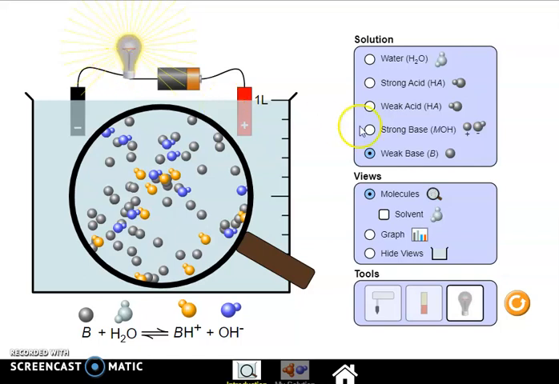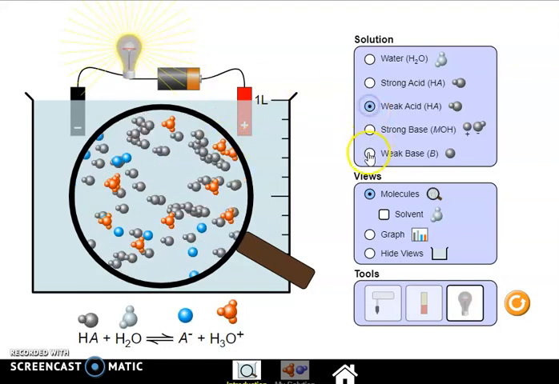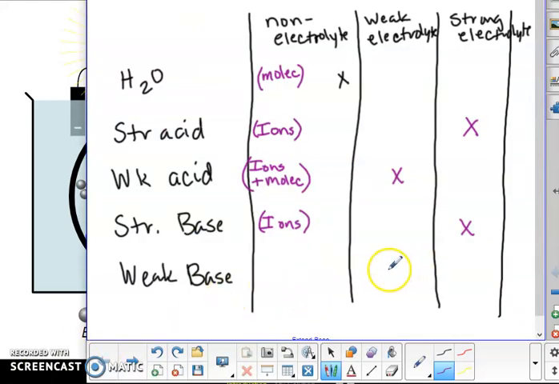Look at that compared to the weak acid. Notice there are the acid molecules and then the ions there, and the brightness is very much the same. So you probably predicted right that there's a weak one, and that they are ions and molecules.